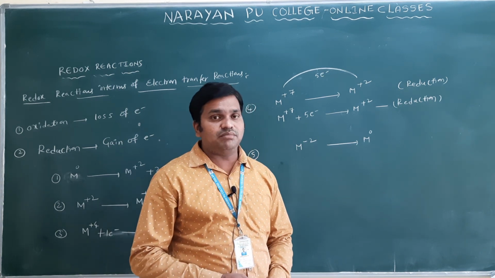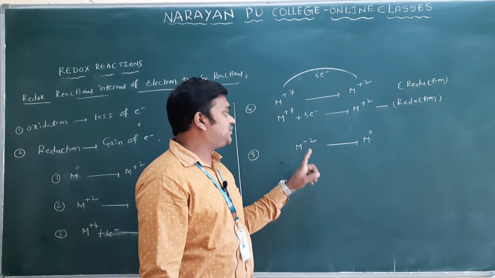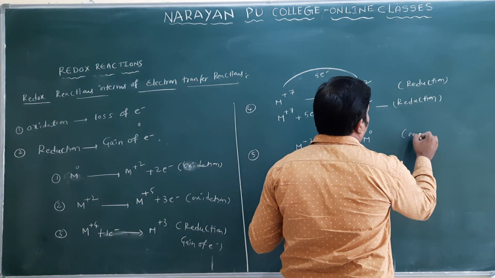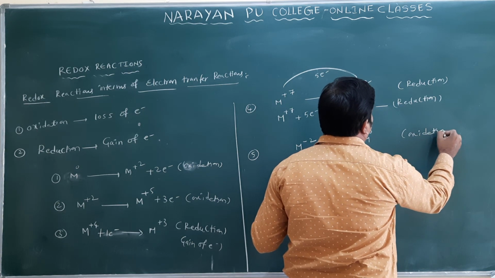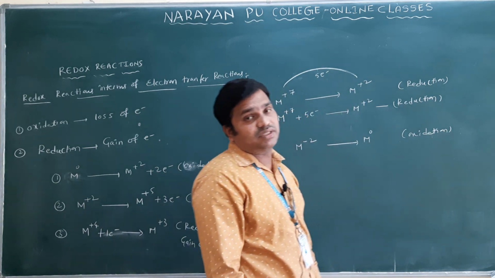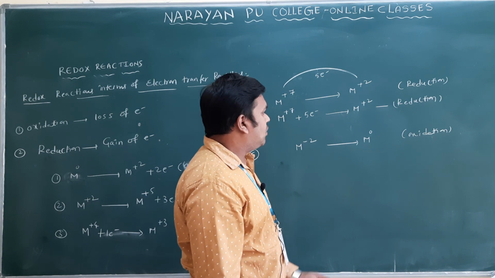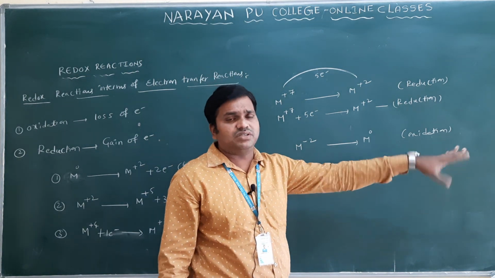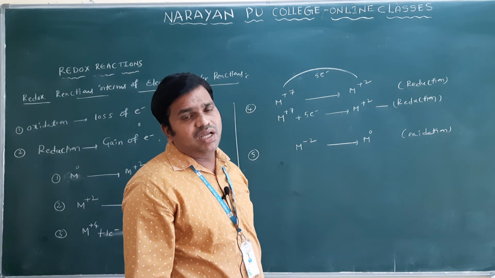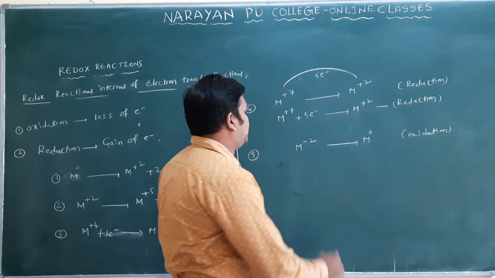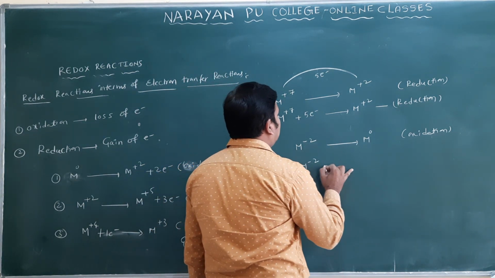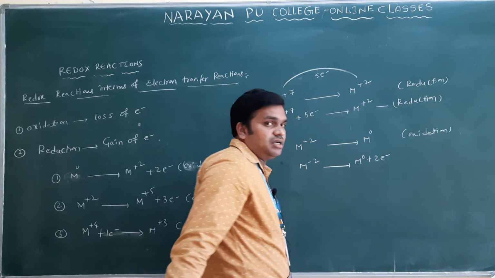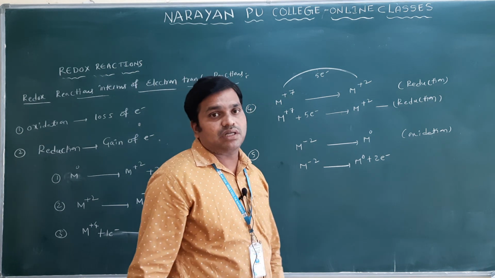The oxidation number increases from minus 2 to 0. This we call oxidation only. Oxidation means an increase in oxidation number, which is loss of electrons only. So M-2 converts into M0 by loss of 2 electrons.